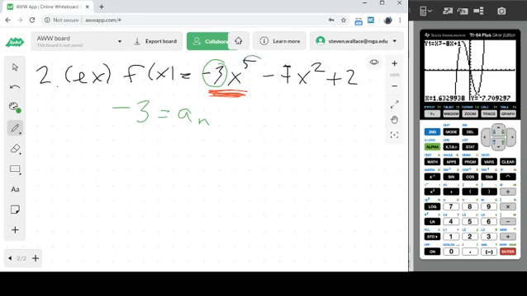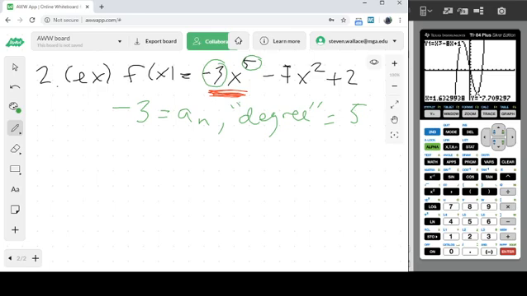And n is the degree. I didn't write that before, but degree is the highest power of x in a polynomial. So it equals 5 in this example.